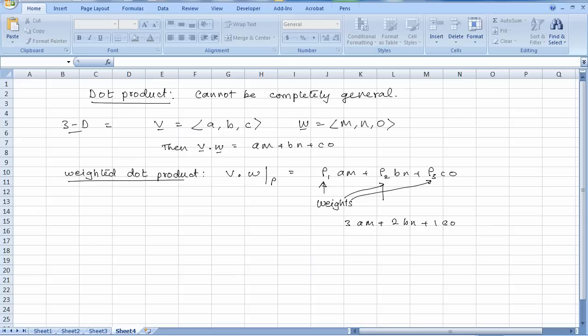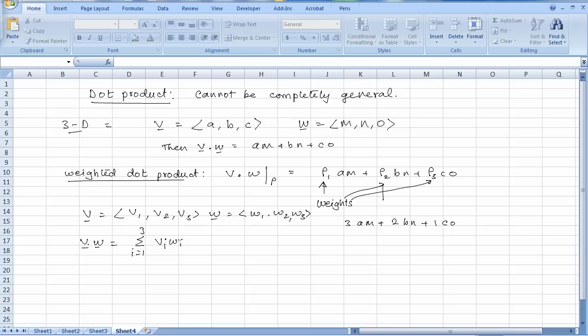Now, if I want to write it in general, I'm going to write v as v1, v2, v3, and w as w1, w2, w3. Then v dotted with w will be sigma i equal to 1 to 3 of v_i w_i. You with me?